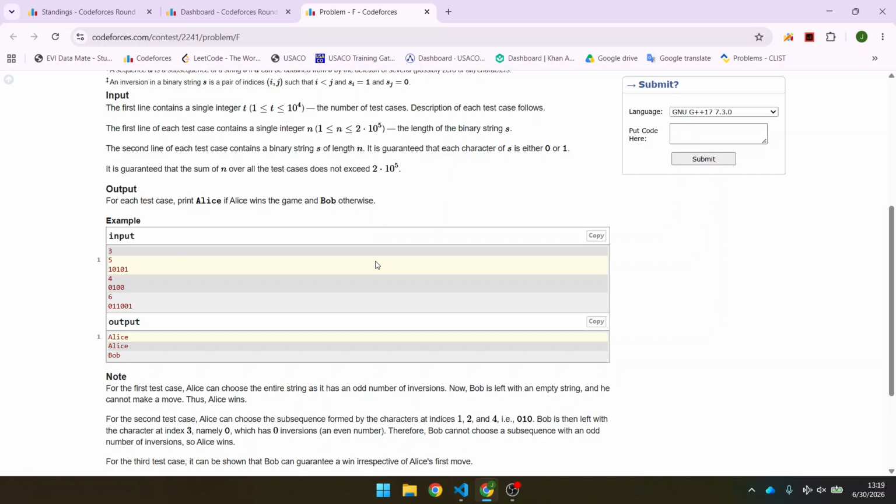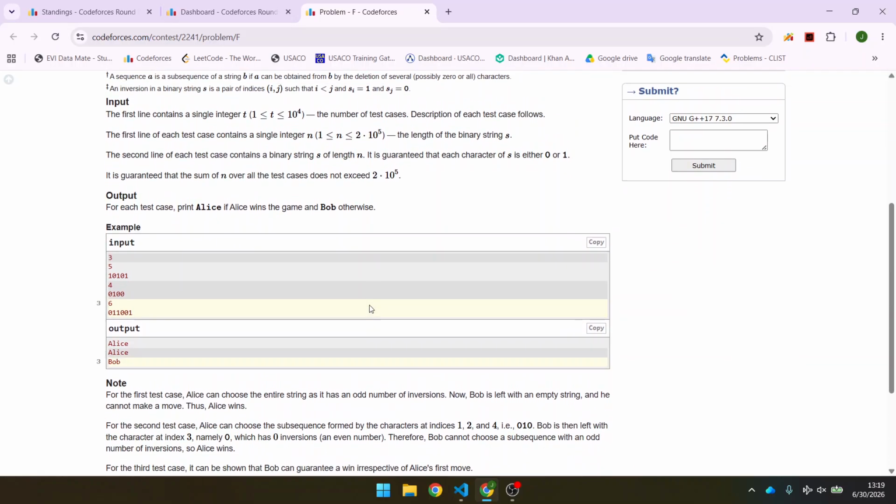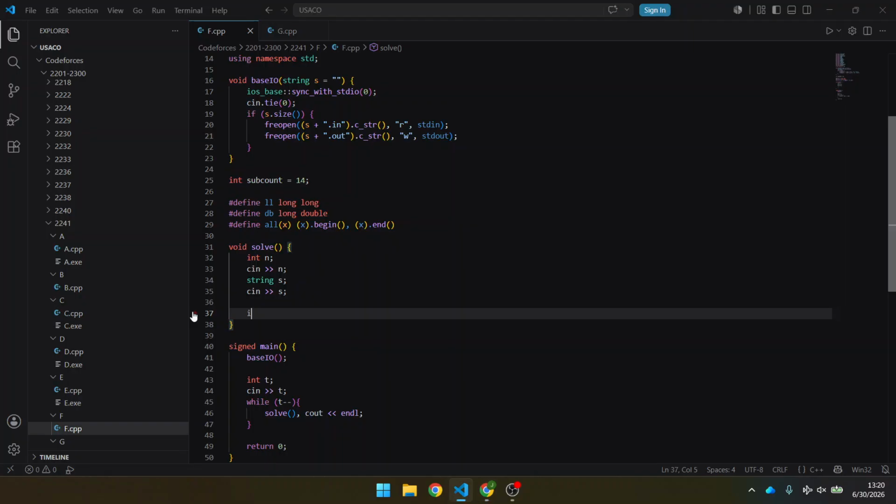So 2 and then 1. And then this is wrong because this is 2, 2, 0. So Bob will win. I think if it has an even number of inversions at the very beginning, zeros can only go two.